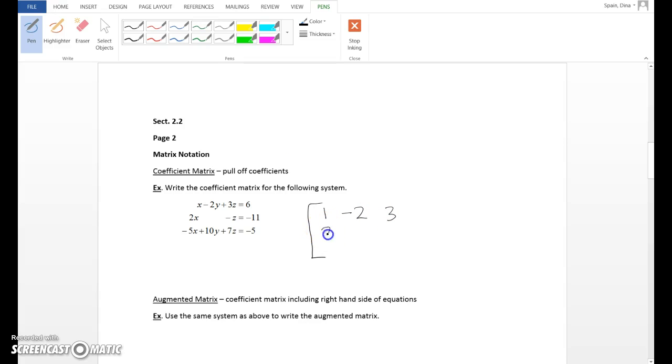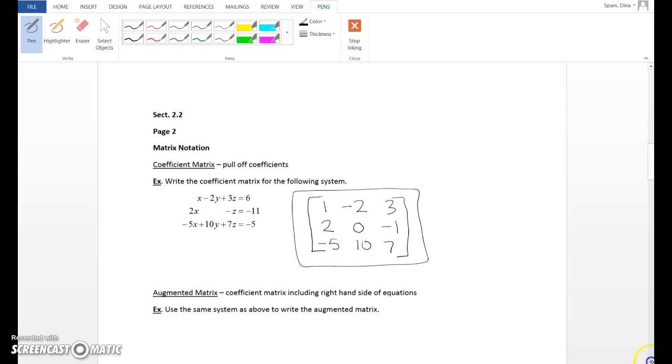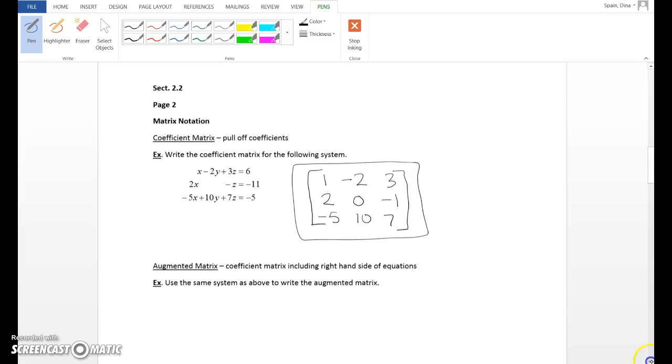Do the same thing across the second row for that second equation too. If your y term is gone, that coefficient is 0. Negative 1 for z. And then for that third equation, that negative 5, 10, and a 7. This is your coefficient matrix. It's pretty straightforward. Students do really, really well with that.